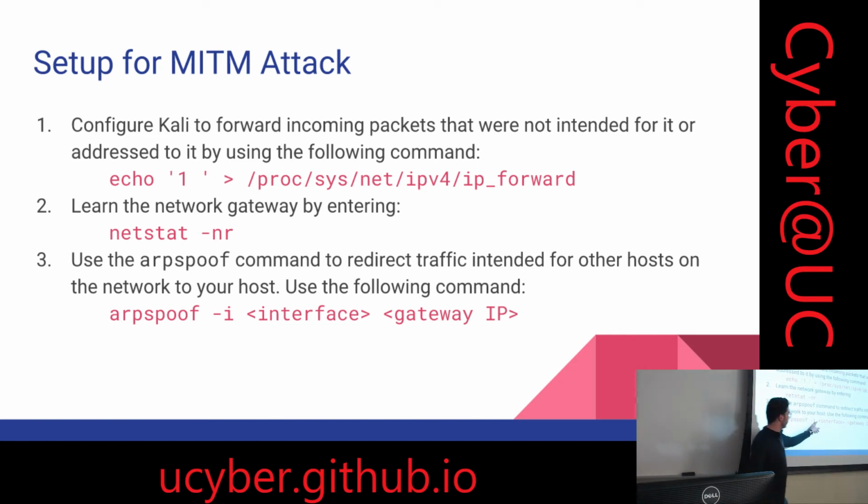So you have to use your interface, which is up, for most of us WLAN0, and the gateway IP that you get from netstat right here. This probably is not going to work on UC's network, but this is something that you can play around with on your own home local network.